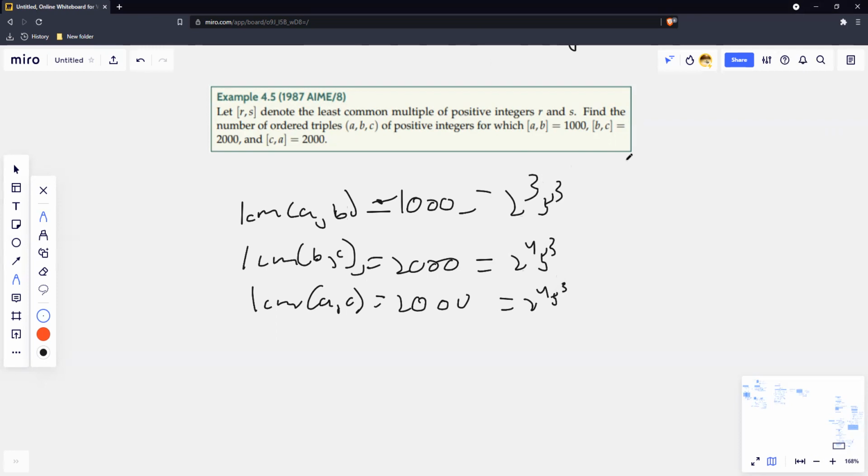So now we can write A, B, C as, we can write A is equal to 2 to the A sub 1, 3 to the A sub 2, 5 to the A sub 3, and A sub 1, A sub 2, and A sub 3 can always be 0. It can be 0 if it needs to. I think it may need to. We'll see. Here, B is equal to 2 to the power.